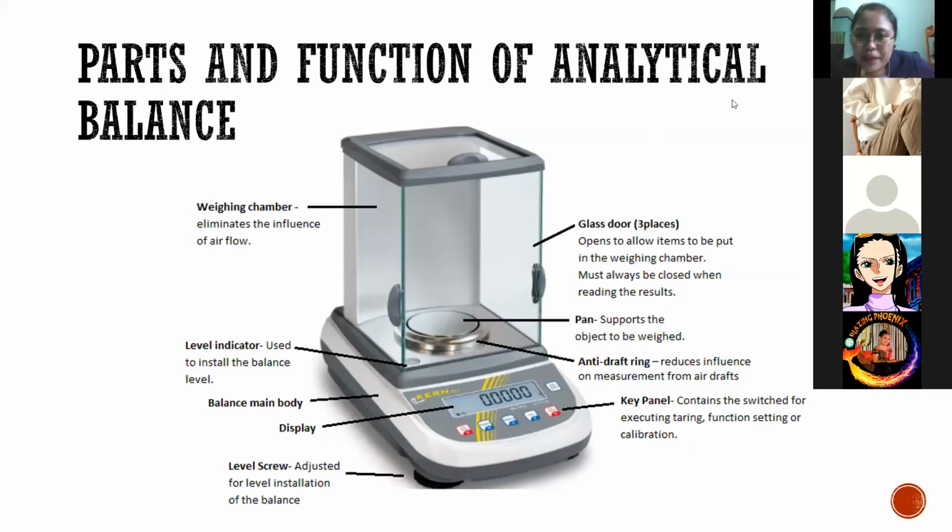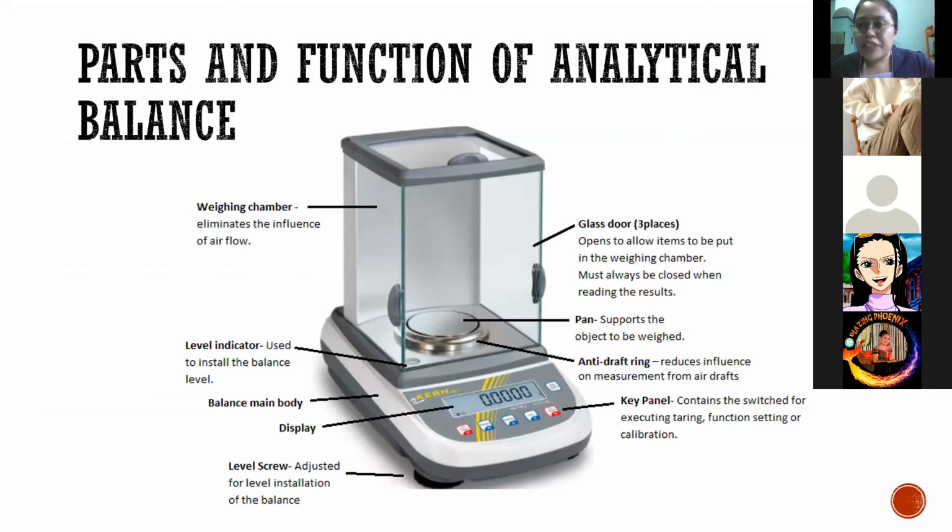Okay? Let's continue. Now we have the glass door. Even our analytical balance in the school has a glass door. We only open this if we want to place our sample inside.